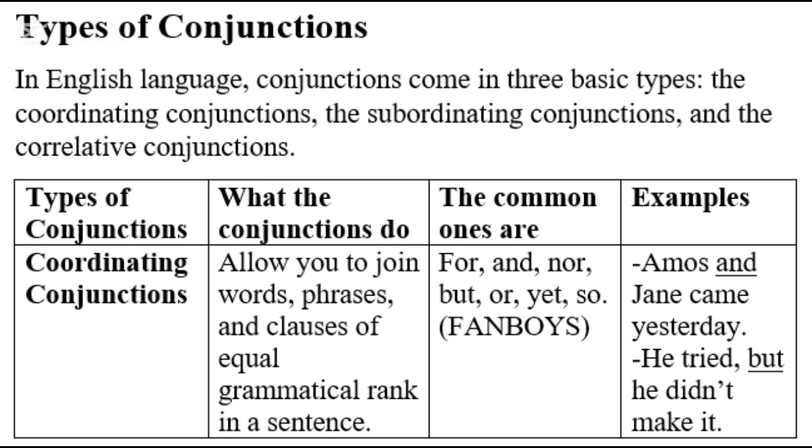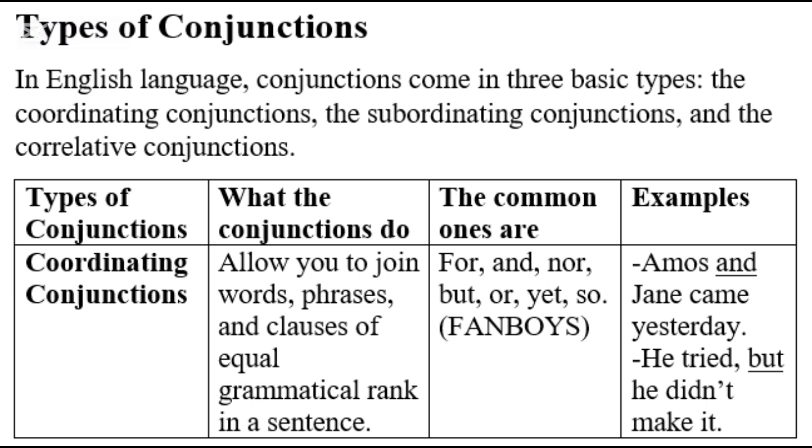What are the types? We have for, and, nor, but, or, yet, so. I will take that again. For, and, nor, but, or, yet, so.